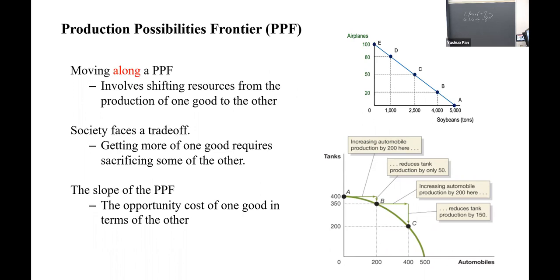So from 200 to 400, the slope is steeper than this one, and the opportunity cost is getting bigger, right? So the opportunity cost of one good in terms of the other means the slope of the PPF. When it's flat, it's small. When it's steep, it's big.